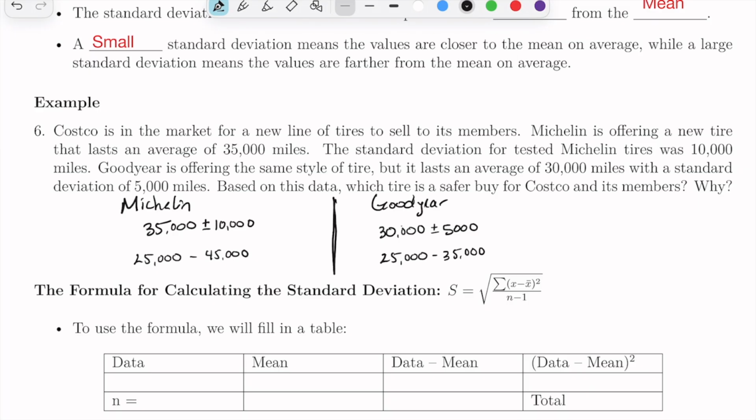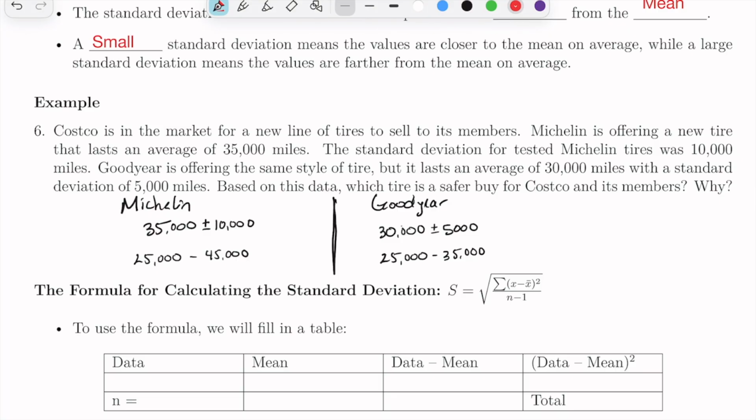So they both have a low end of 25,000 and a high end, well, wait a minute, the Michelin goes all the way up to 45,000. Okay, so it seems like if we just go out one standard deviation, the Michelin tire might be the better buy. I know you said, but wait a minute, you said there's not one right answer.